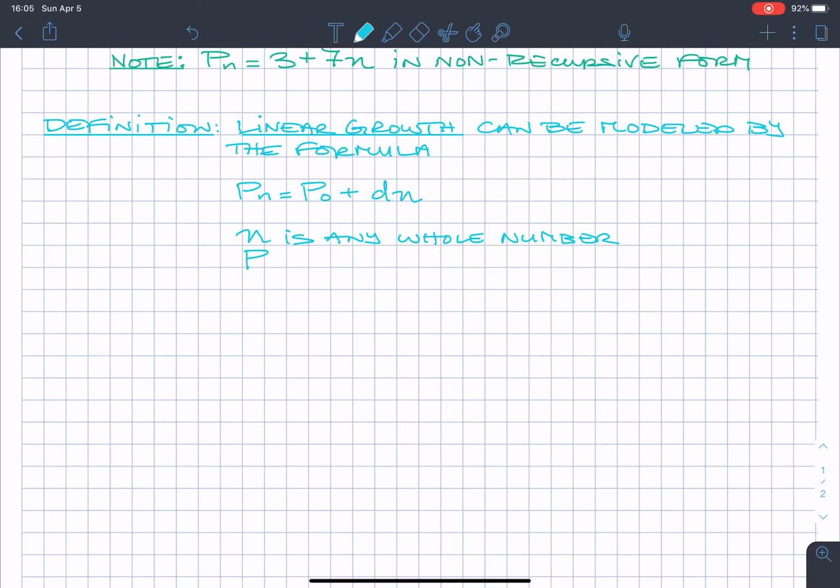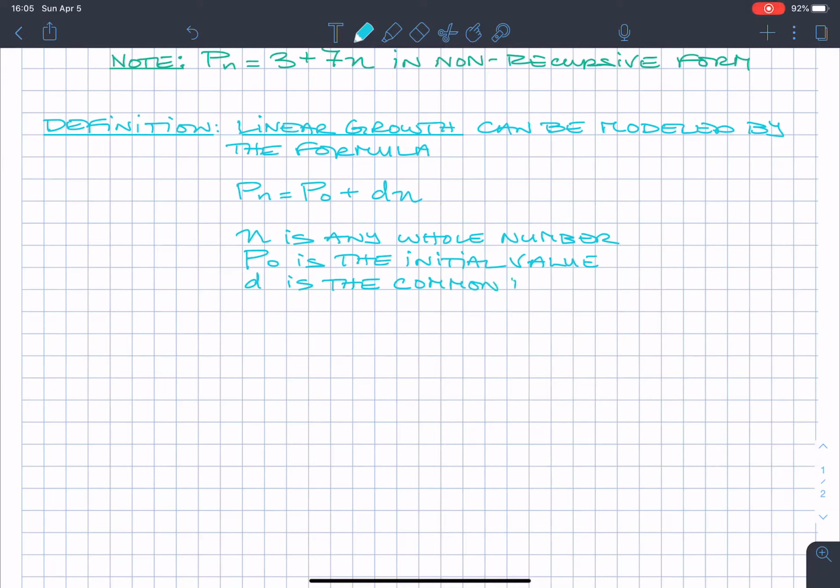P sub 0 is the initial value, or principal value, and D is the common difference.